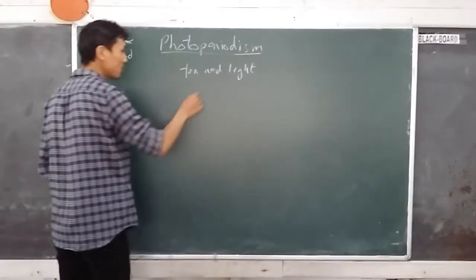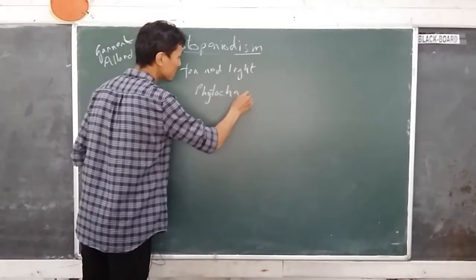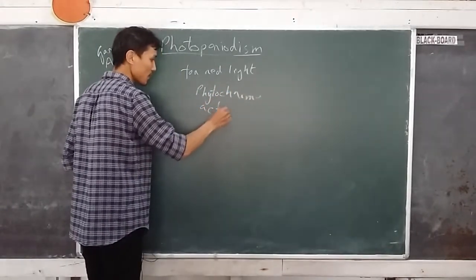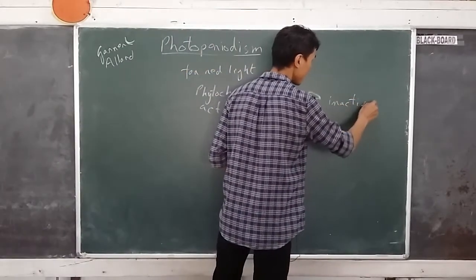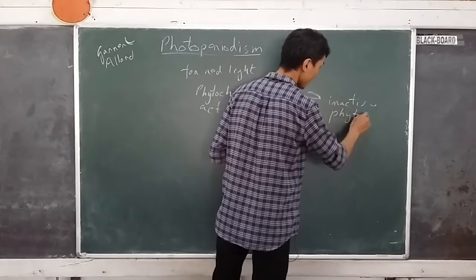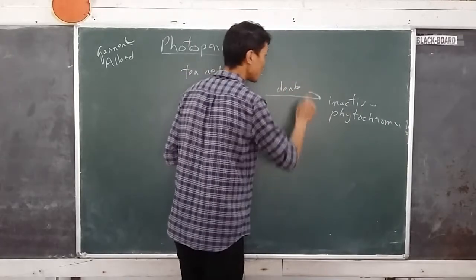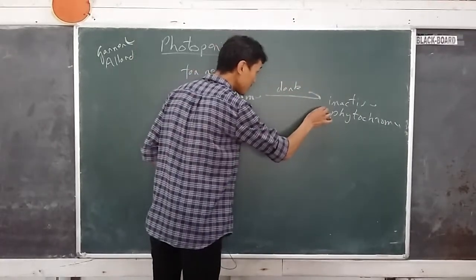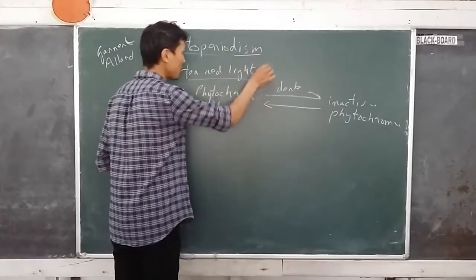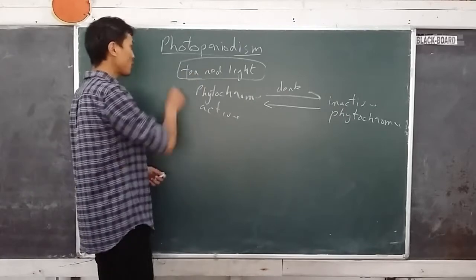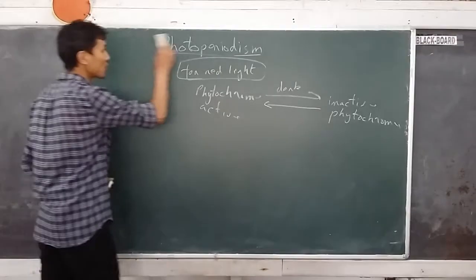That means the conversion of active phytochrome to inactive phytochrome basically occurs during the dark period. But during the daytime, the inactive form becomes active. So depending on the amount of light it receives, phytochrome helps in photoperiodism, and photoperiodism in turn helps in the production of flowers.